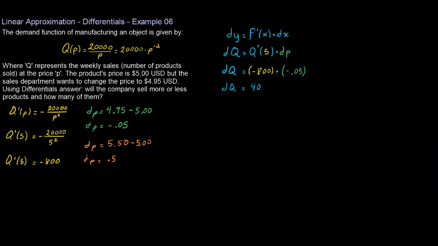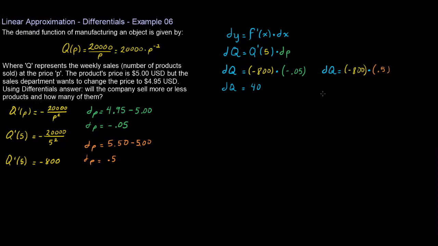So I'm going to do the same operation here on the right of this formula. The differential of Q will be equal to this Q prime of 5, which will not change, times the differential of price, which in this case is a positive number, positive 0.5.